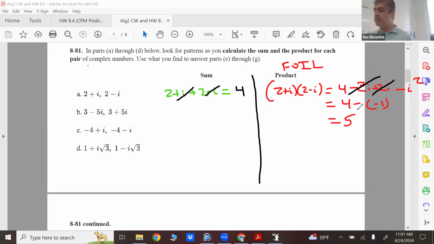You get 5. That's what we're going to do in each case here. Notice every time we get a real number. If I do the next one, I should get 6, I think.